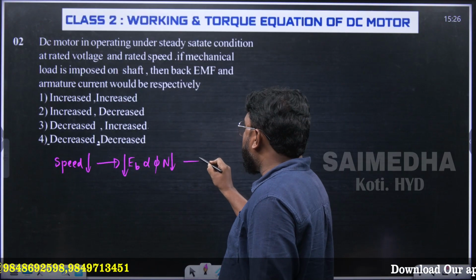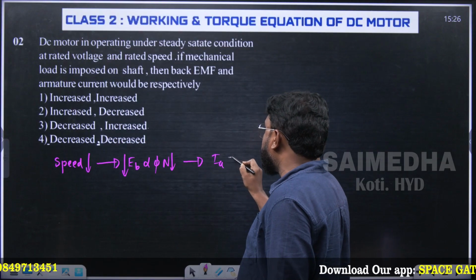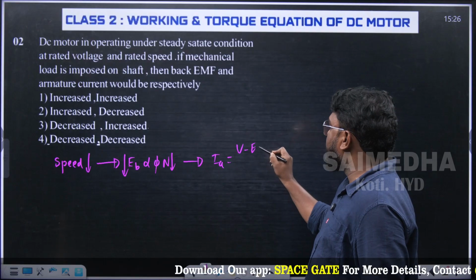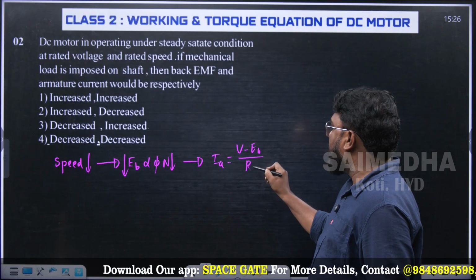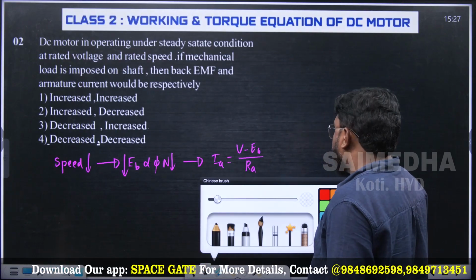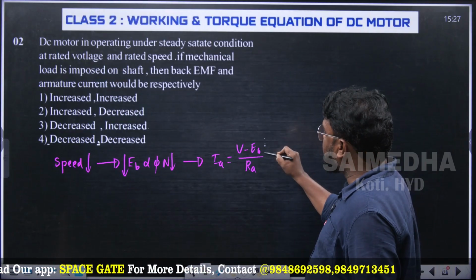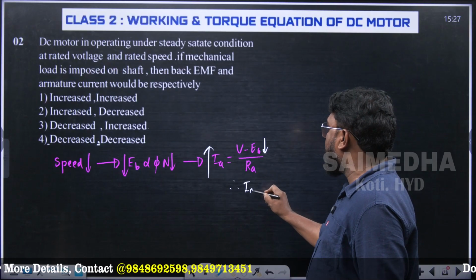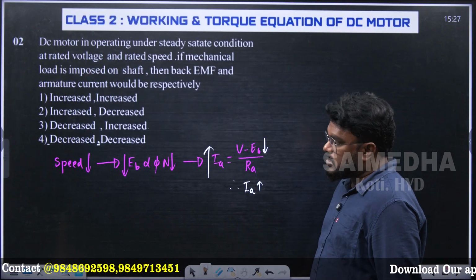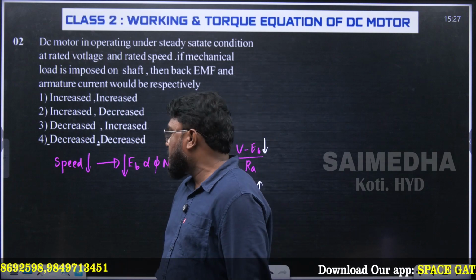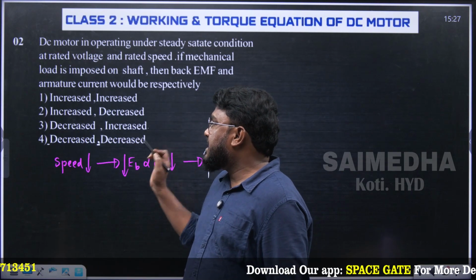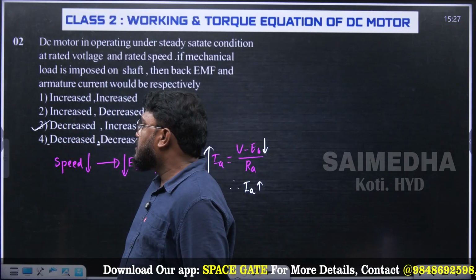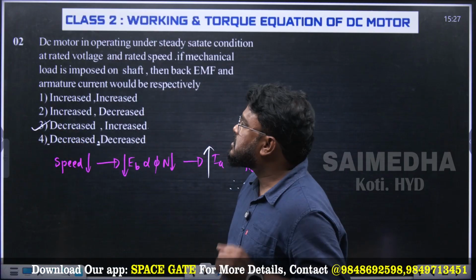When back EMF decreases, what about the armature current? Armature current IA is equal to V minus EB divided by armature resistance RA. So the back EMF EB decreases and the armature current increases. So the answer for this question: back EMF decreases and armature current increases. So option 3 is correct.